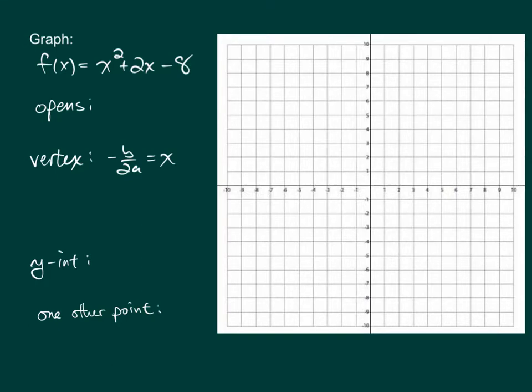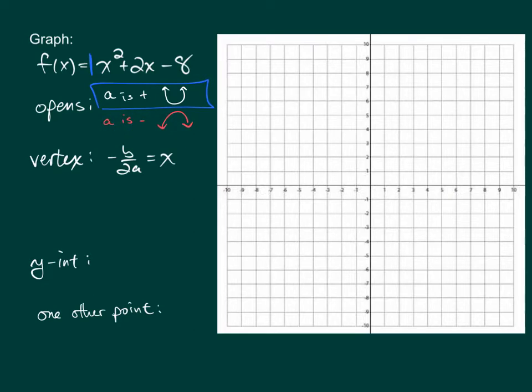If a is positive, then the graph will open up. And if a is negative, the graph will open down. Well, it turns out here, this number in front of x squared is 1, and it's positive. So we know this graph will open up.